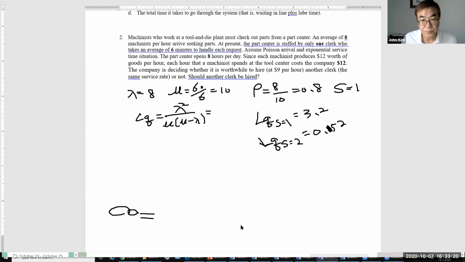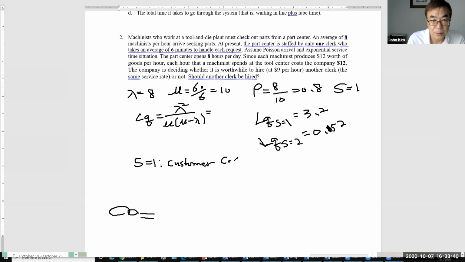Okay, so customer cost when S equals 1 equals LQ 3.2 times customer cost $12 times 8 hours.